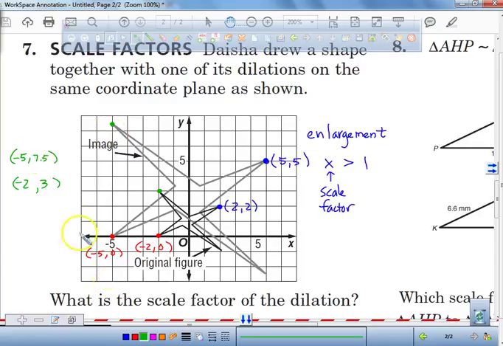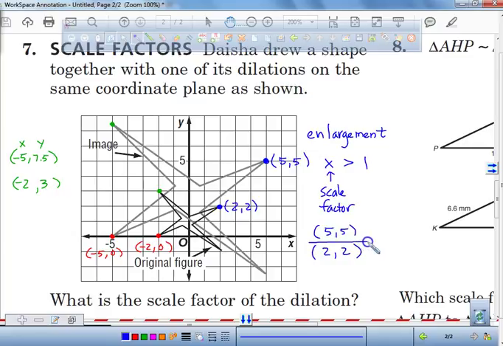Now, I want you guys to look at the comparison of the x values and the y values. Let's put the blue over the blue. If I have 5 over 5, and I have a 2 over a 2, look at the relationship.